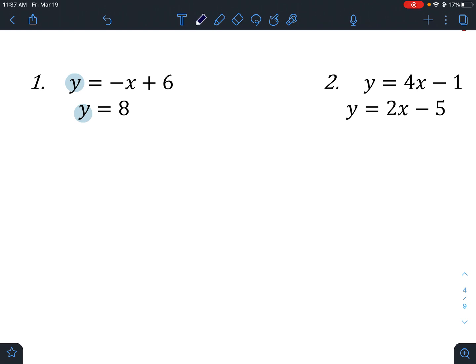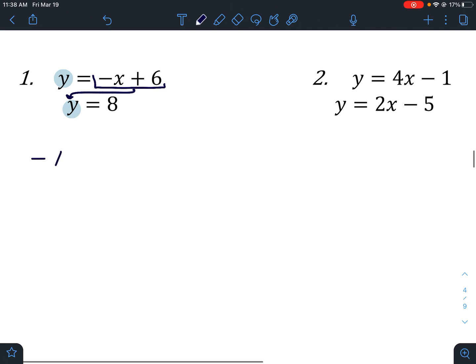So what I'm going to do is I'm going to take this chunk, I'm going to plug it in for y. So that'll get me negative x plus 6 equals 8. So I solved my first equation for a variable, and I plugged it into my second equation, or substituted.